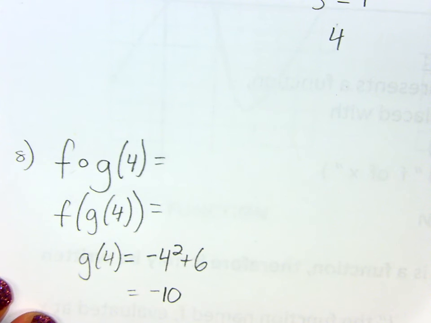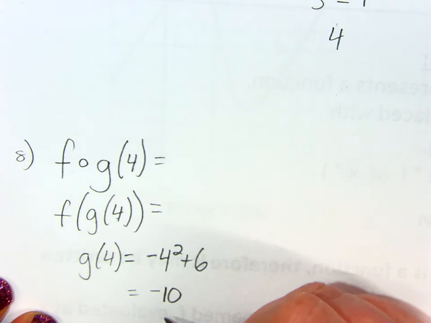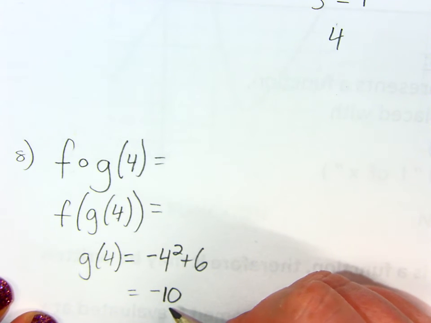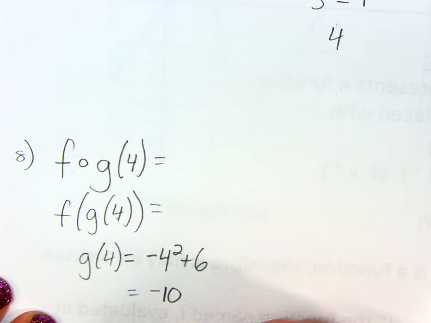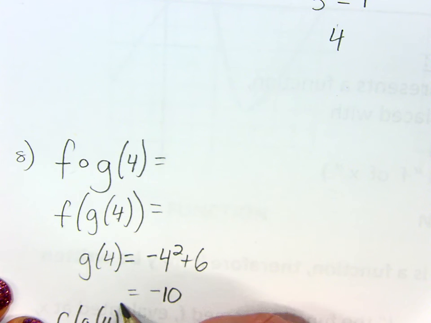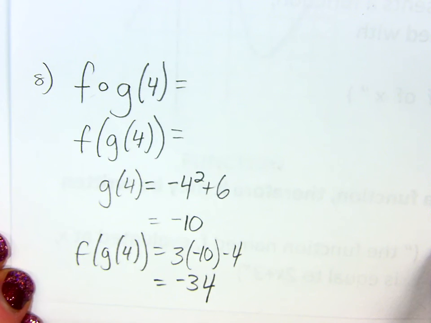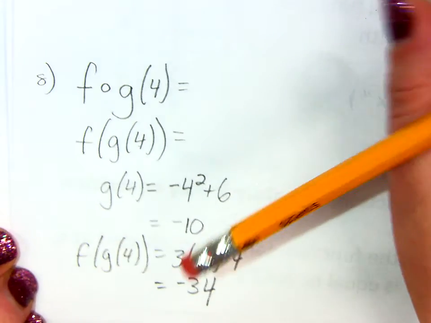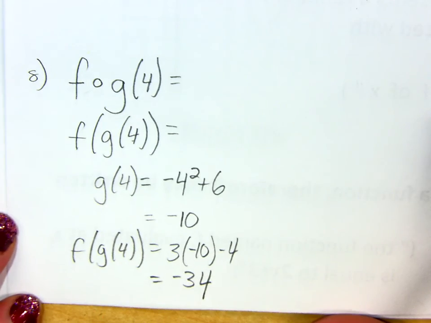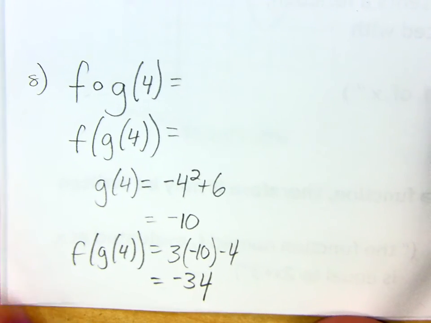Now we take negative 10 and plug it into f. So that would now be 3 times negative 10 minus 4. So negative 34. That's my final answer. And that's called composition of functions, taking one and putting it into another.